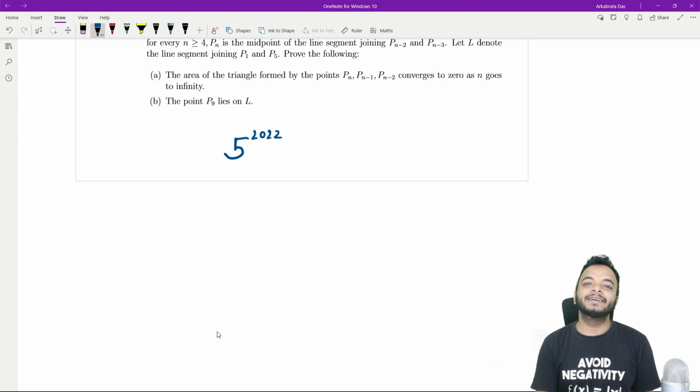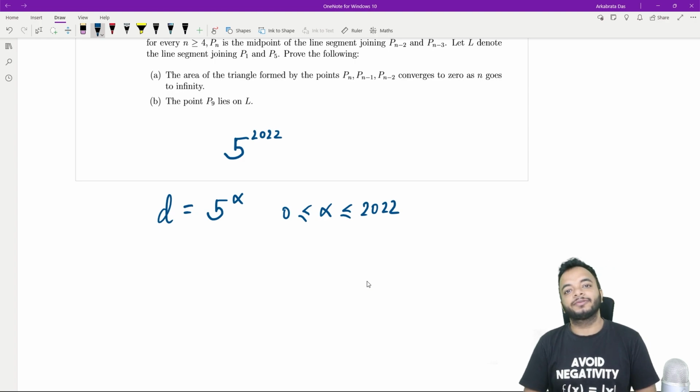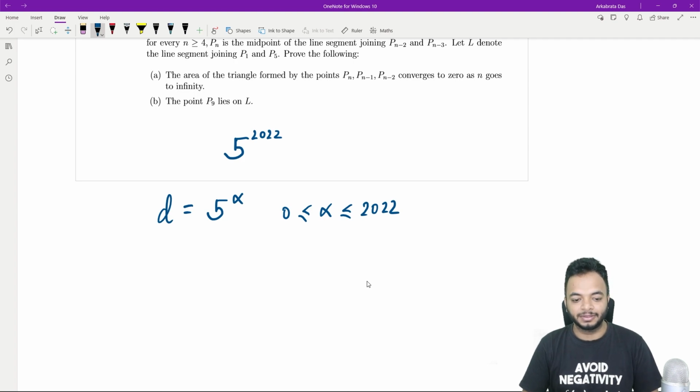There is only one prime factor, so any divisor d will be of the form 5 to the power alpha, where alpha ranges from 0 to 2022. So alpha has 2023 choices, and that's the total number of divisors of this number.